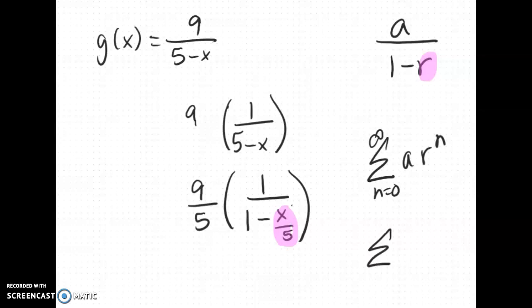So my a is 1, I still have this 9/5, by the way. And my r is x over 5 to the nth power.